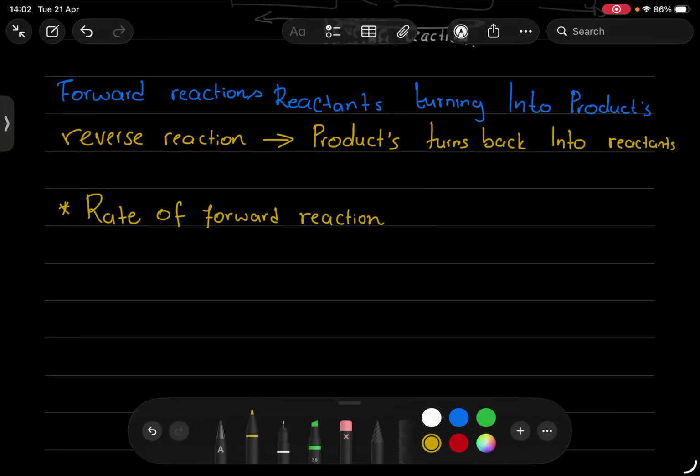It's when the rate of forward reaction is equal to the rate of the reverse reaction.